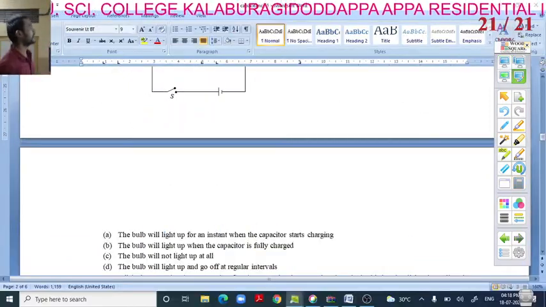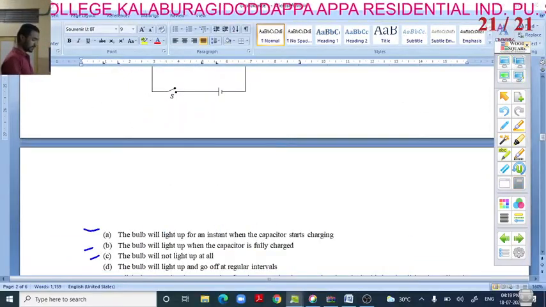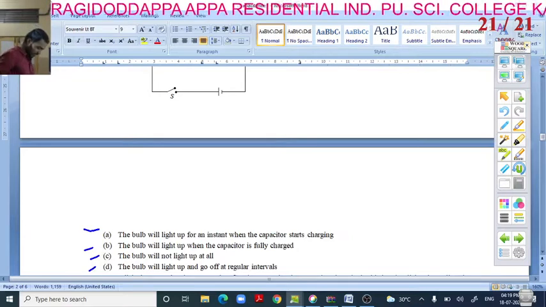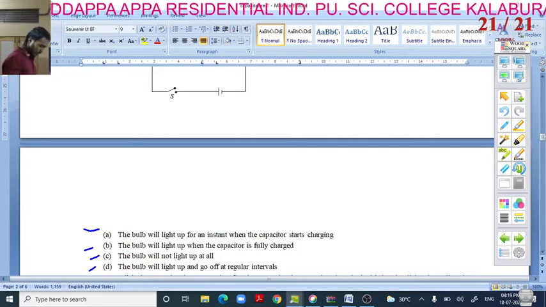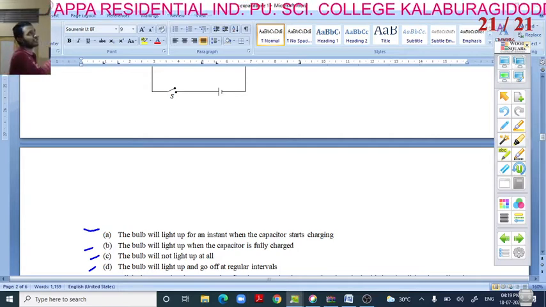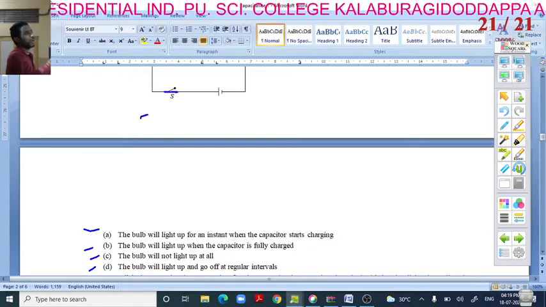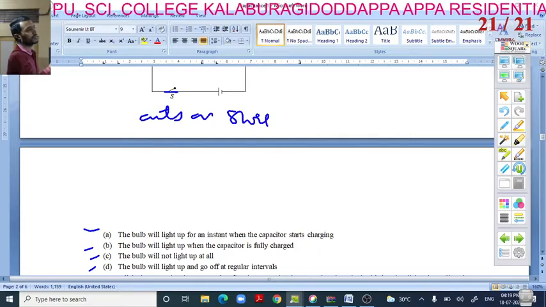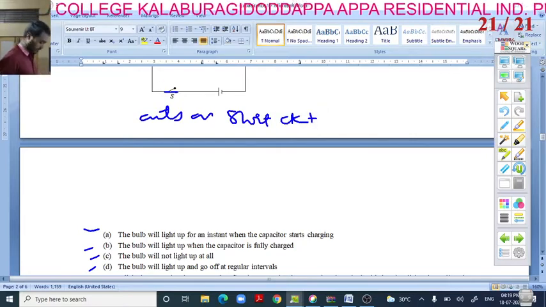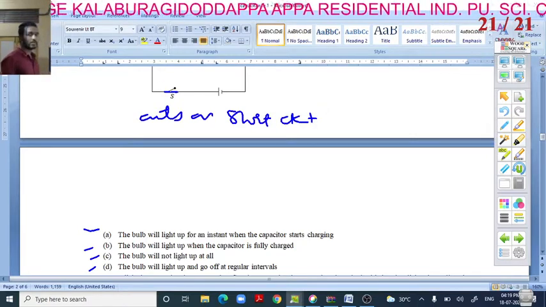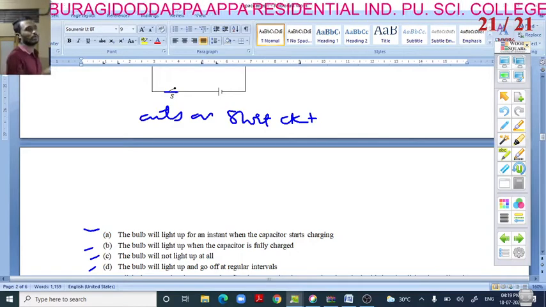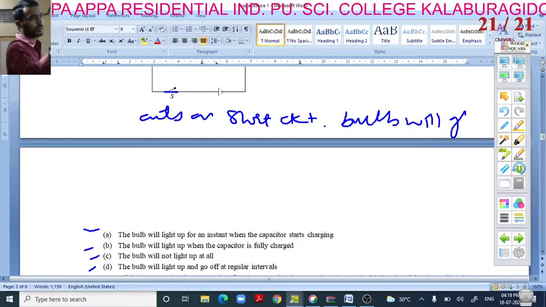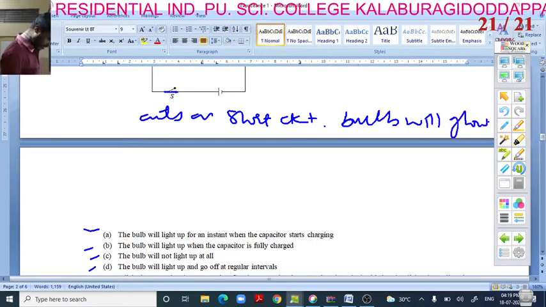Here you may observe he has given the options. Initially, when the key is closed, the capacitor acts as a short circuit, so the bulb will glow, right?